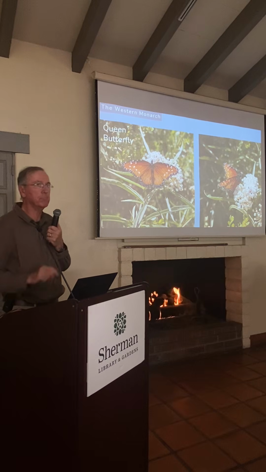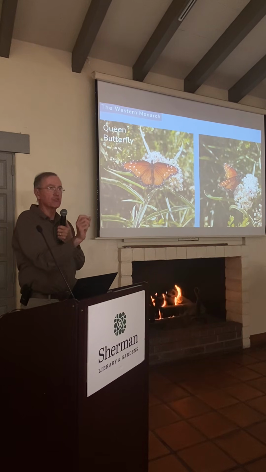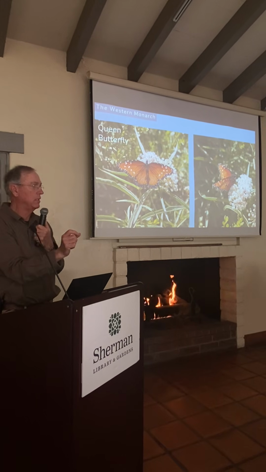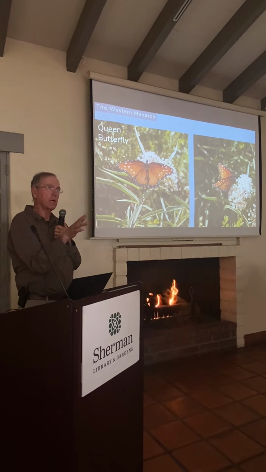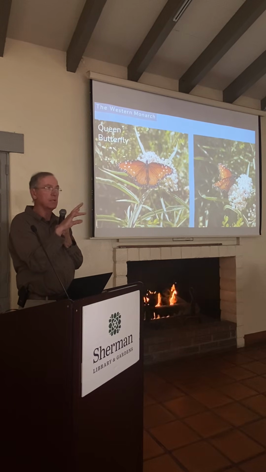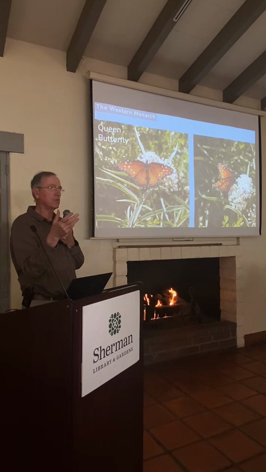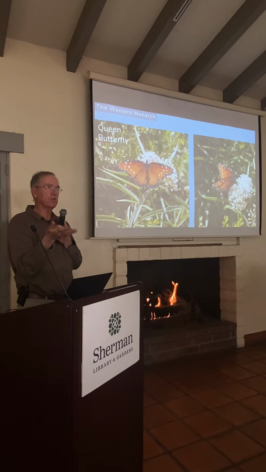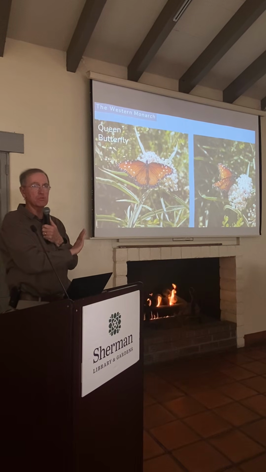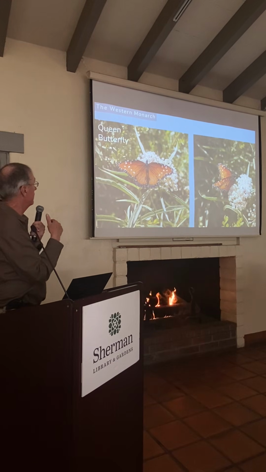I did want to put one slide in on this butterfly. It's a close relative of the monarch called the queen, and we will see them periodically, mostly in the late summer and early fall. You'll see one once in a while flitting through a garden. Not nearly as common. It's more of a desert species. It doesn't migrate to the degree that a monarch does, but it can be confused with the monarch. It's very similar, has some similar food plants, slightly different, but very close.